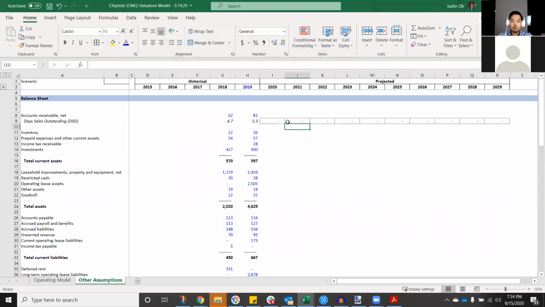Dotted lines are assumptions, and let's just say they keep the same days sales outstanding.